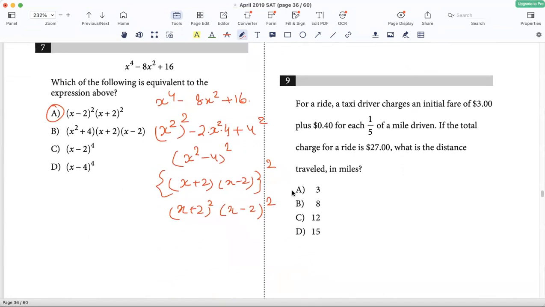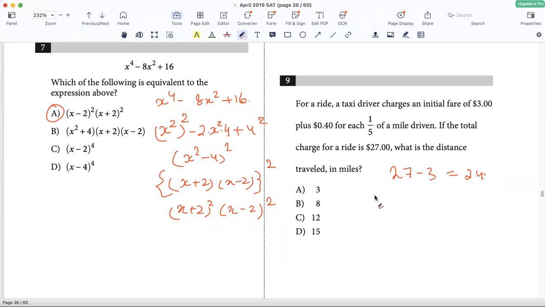For a ride, a taxi driver charges an initial fare of $3 plus $0.4 for each 1/5 of a mile driven. If the total charge for a ride is $27, what is the distance traveled in miles? So the initial fare is $3. So we can subtract that from 27. So that comes to 24.